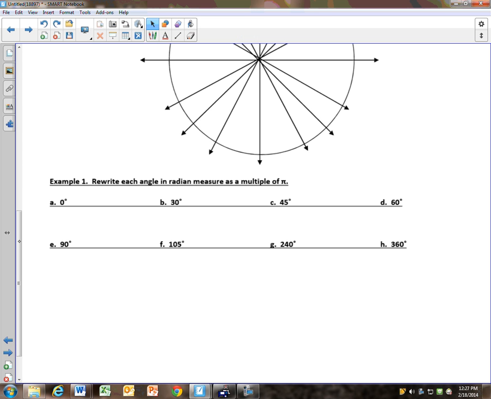We'll do the first one. 0 degrees. I want to convert 0 degrees to radians. So I take 0, and I multiply it by pi, and I divide it by 180. What is 0 times pi divided by 180? 0. We use a degree symbol to mark degrees. We use nothing to mark radians.